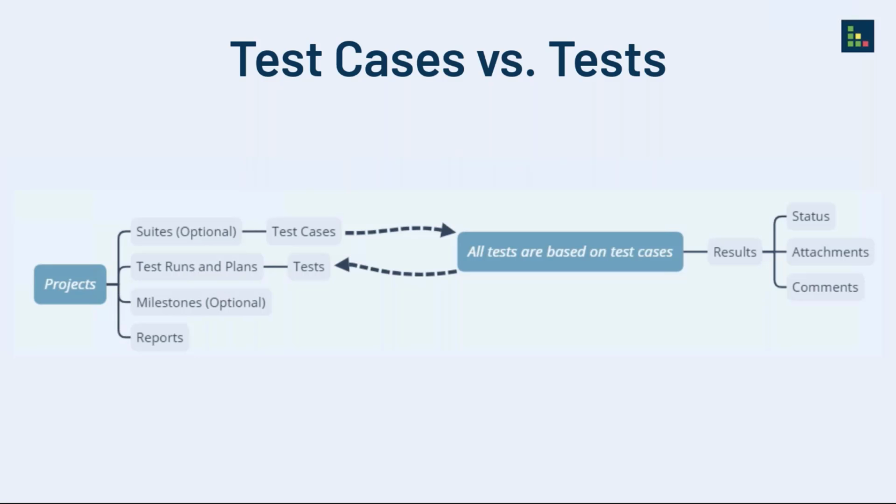So you define your test cases in your test suites or your single suite test case repository. Tests, however, are instances of your test case. Each test run in TestRail contains tests, and each of these tests contains a pointer or link to your existing test cases. So if you modify your test cases, the corresponding tests will be updated as well. However, the tests are where you would store your results in TestRail.